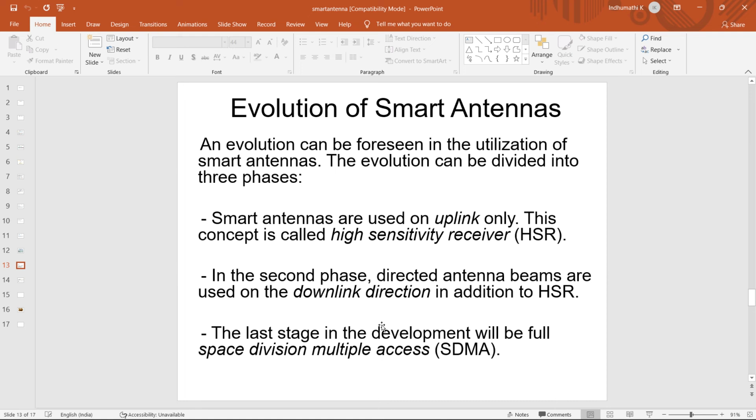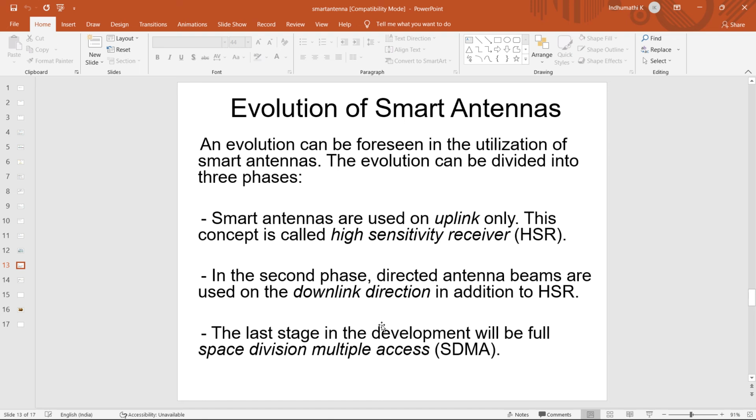And the evolution of smart antennas is based on three stages. In the first stage, uplink with a highly sensitive receiver; in the second phase, downlink, where in addition to the high sensitivity receiver, directed antenna beams are used. In the last stage, we use space division multiple access.